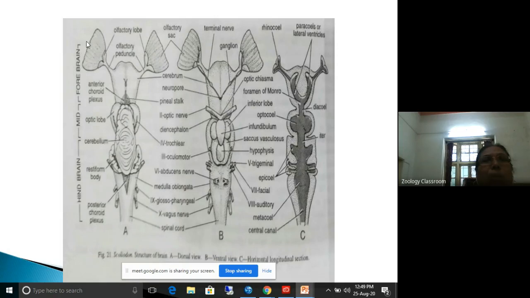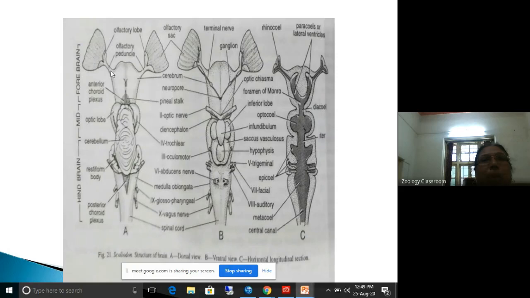The olfactory lobes are sac-like, ending in a sac-like structure because of the active swimming habit of fish. The olfactory lobes are connected to the cerebral hemisphere by the olfactory peduncle, on the lateral side of the cerebral hemisphere.